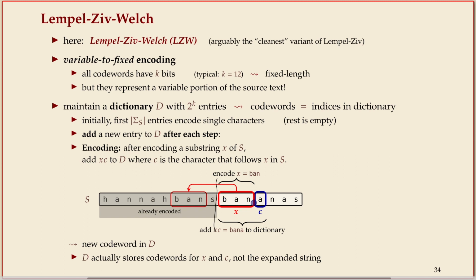And now we try to find a next bit that we want to encode. If that is this part x, because we could find a copy of x earlier, then we store x by a reference to this previous occurrence. And afterwards, we add x and one more letter to the dictionary. So when you keep doing this, you'll make longer and longer phrases in the dictionary, all represented by a code word of the same length. That's where the compression comes from.